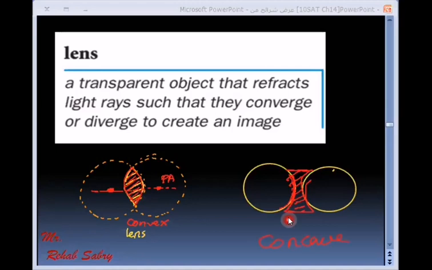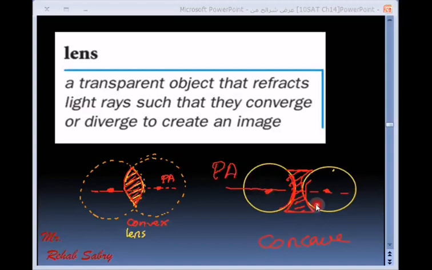So it has two faces also. This face to the right has a center of curvature here, and this face to the left has its center of curvature here. The line between them is the principal axis.